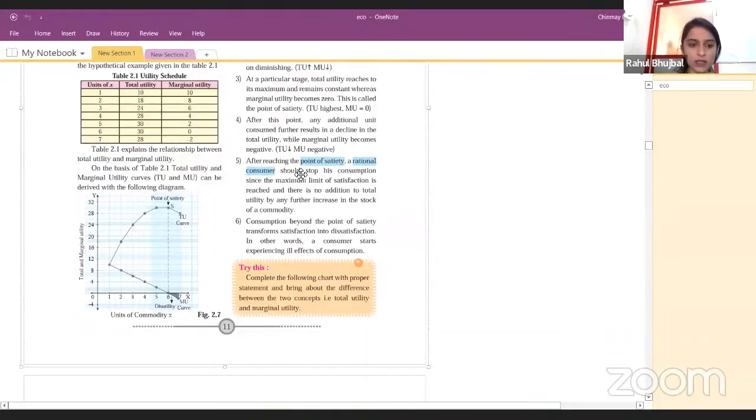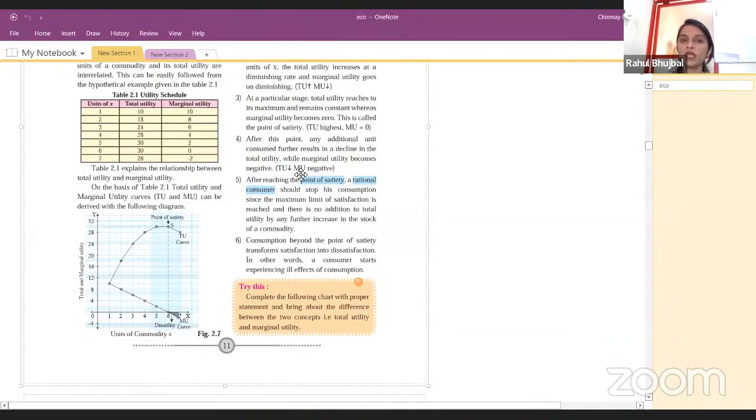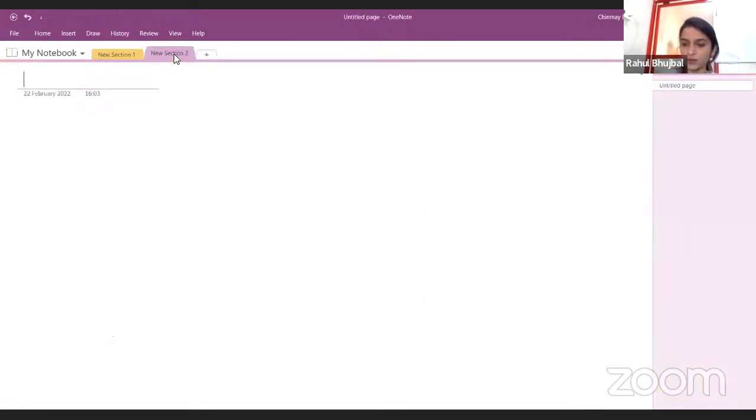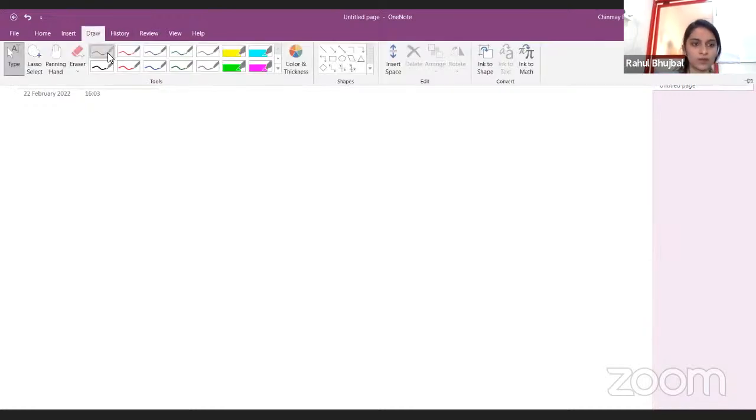Then we started discussing the relationship of TU and MU. So what is the relationship? For that we can remember four major points. Initially TU and MU will be same.